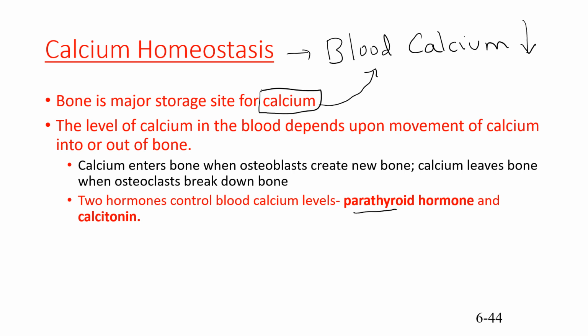PTH, parathyroid hormone, is the hormone that causes an increase in blood calcium. When blood calcium levels fall, PTH will cause the removal of calcium from bone so as to return blood calcium levels back to normal.